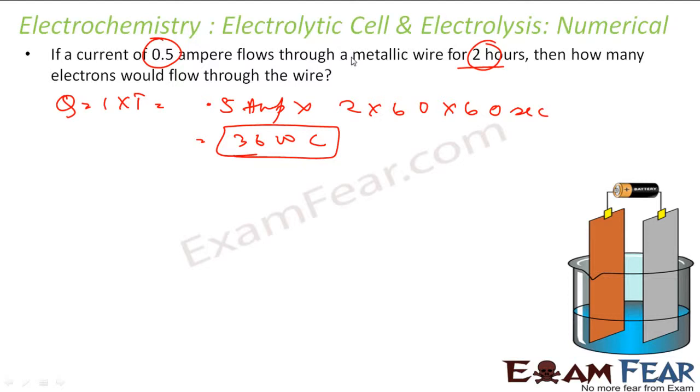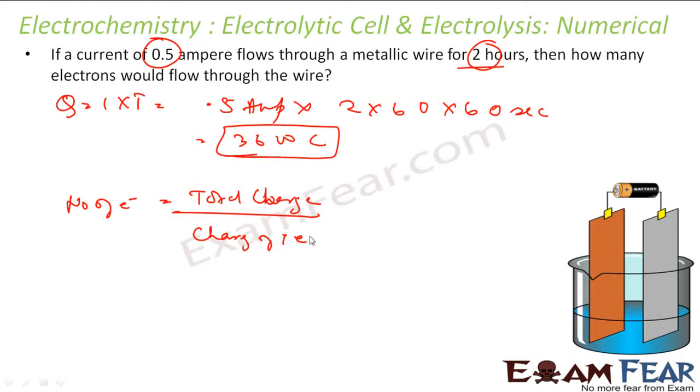Now the question is how many electrons are there in this charge? So number of electrons, you can find by dividing the total charge which we have passed by the charge of one electron. Simple maths. That is 3600 coulomb by the charge of one electron, which is approximately 1.6 into 10 to the power minus 19.